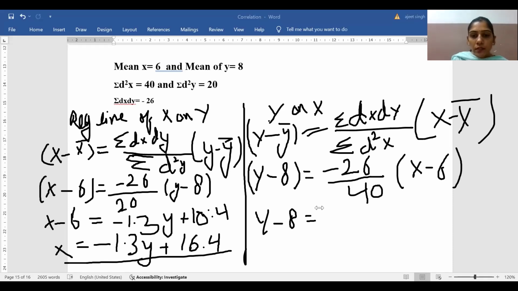Minus 26 divided by 40 is equal to minus 0.65, so minus 0.65 x, okay, and minus minus will become plus. So here comes 3.9.